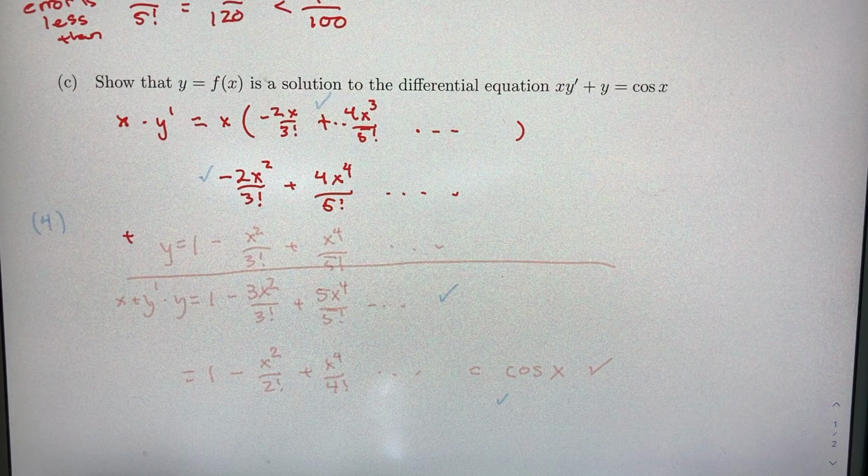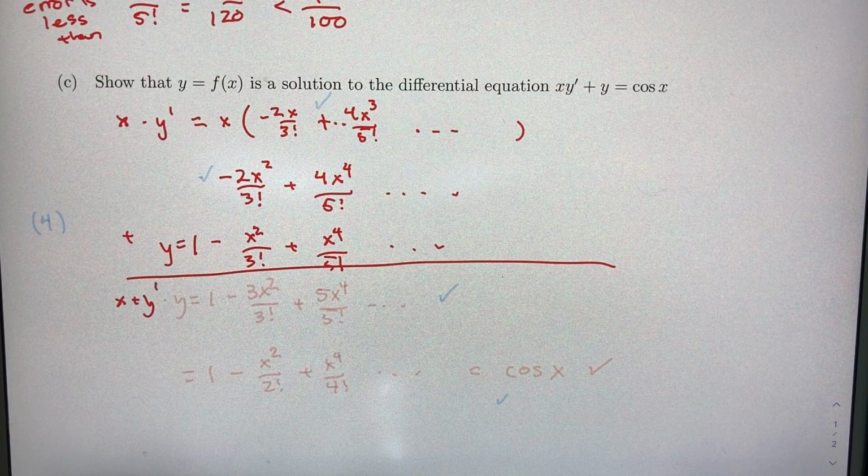And then we add the original y, which is, let's see, line up terms that look alike, and we get the grand total of 1, and then minus 3x squared over 3 factorial, 5x to the 4th over 5 factorial. 3 over 3 factorial is 2 factorial, if you're having trouble with the fraction.